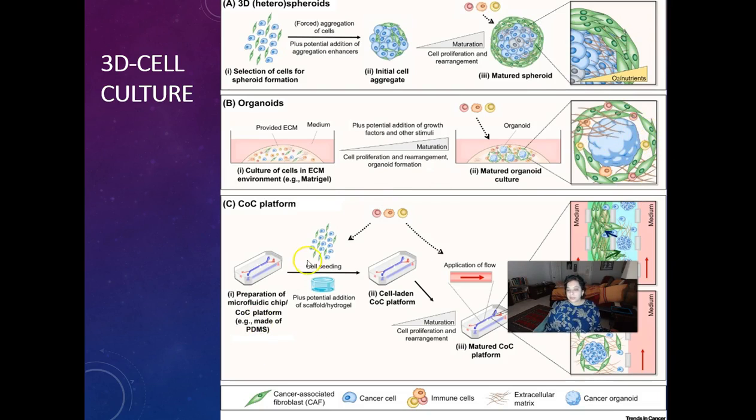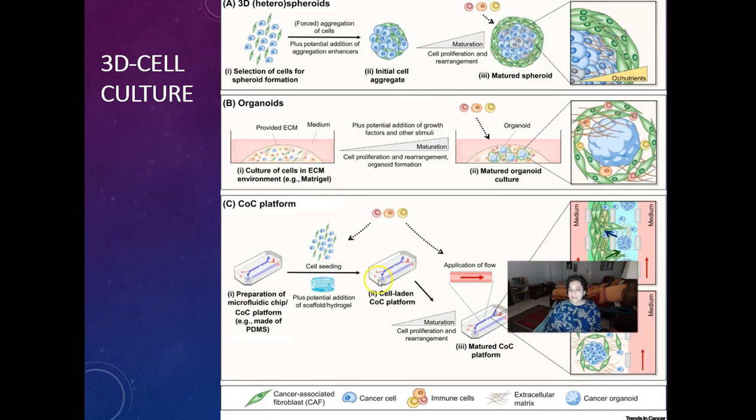A third way that we can create these organoids is a cell-on-cell co-culture situation, where in this case we have a microfluidic chip or some other type of platform mimicking that situation.